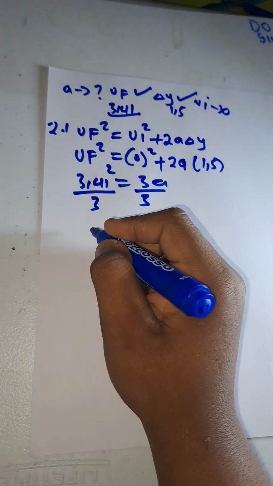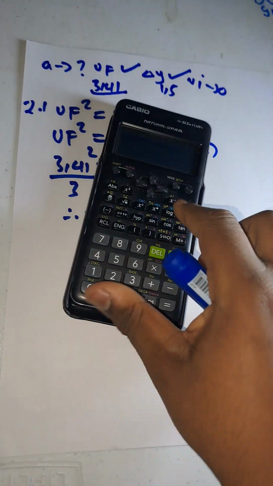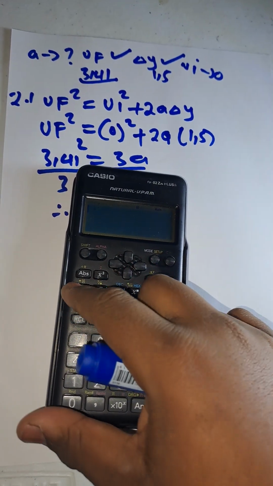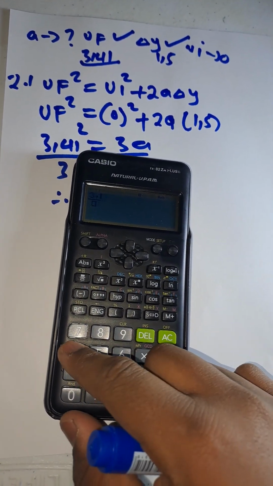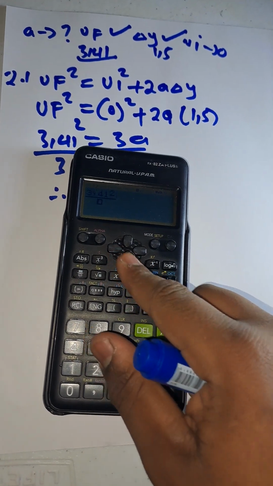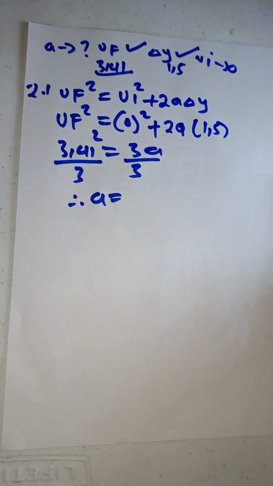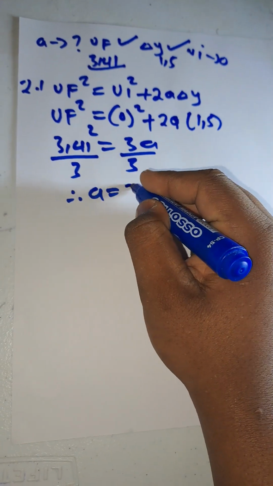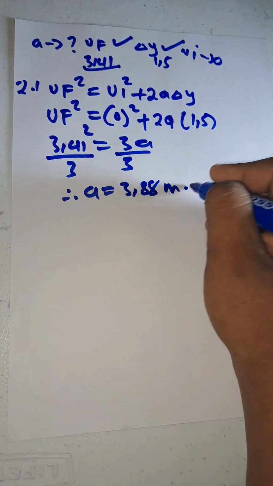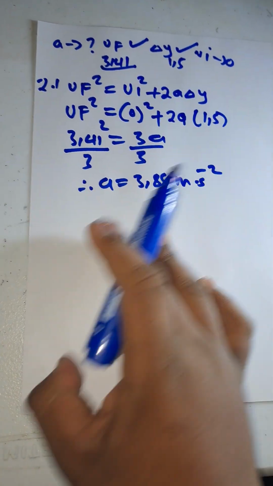Therefore, my a is going to be, take out your calculator, 3.41 squared divided by 3. It is 3.876. They said you must show that it was 3.88, which is the very same value I'm getting. You see, acceleration is in meters per second squared.